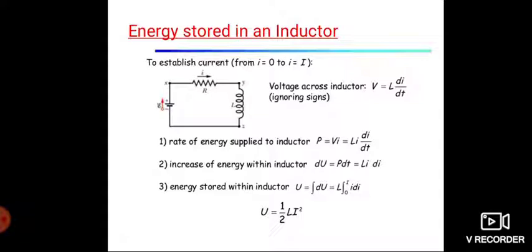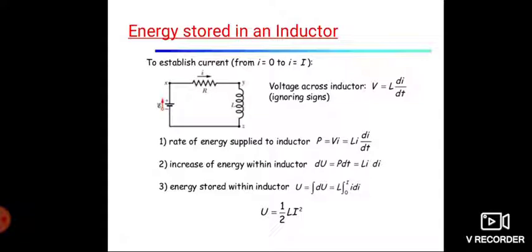The rate of energy supplied to the inductor is P equal to Vi. As we know, V value is L di by dt, substituted in this, P equal to Li di by dt. Increase of energy within the inductor is dU equal to P dt, so that is equal to Li di. dt and dt will get cancelled.